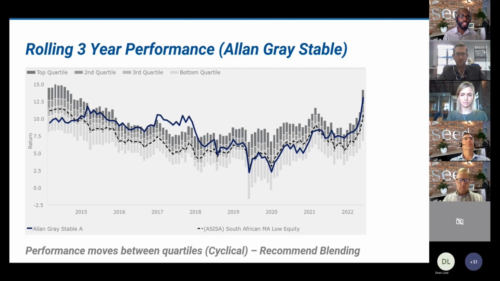In that beginning period, you can see that it was in the bottom quartile, performing less than the average peer. But then post that period, it delivered exceptional, better than average top quartile performance, and then also went through another difficult period where it delivered less than average performance, and then yet again it's gone through the most recent period where it delivers top quartile performance.